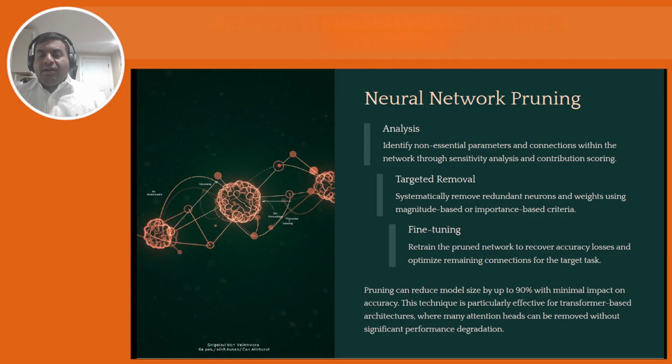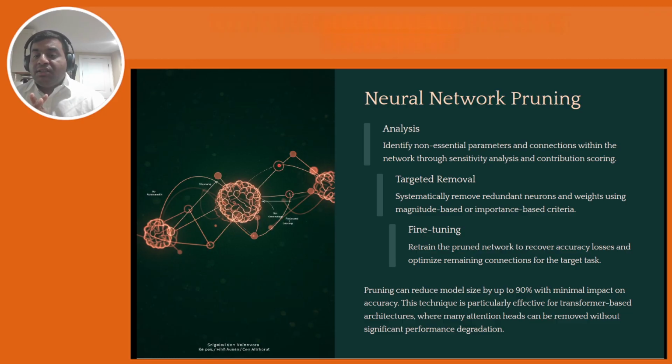So, the next LLM optimization technique I want to discuss is neural network pruning. The idea here is that large neural networks are often over-parameterized, meaning they contain many parameters, that is, weights or connections, that aren't essential for their performance. Pruning systematically identifies and removes these redundant elements.